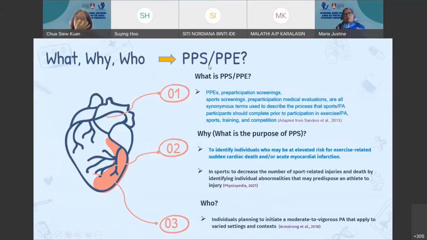So now, what is screening? What is pre-participation health screening? Why do we need to conduct pre-participation screening, and who requires screening? As I mentioned earlier, I use my terminology, PPS, pre-participation screening, as a short form for physical activity or exercise pre-participation health screening.